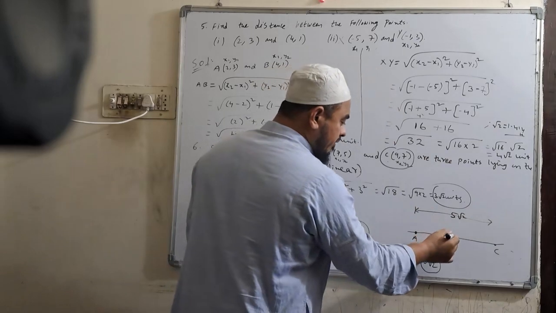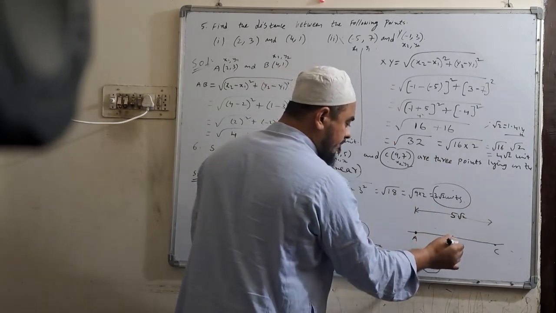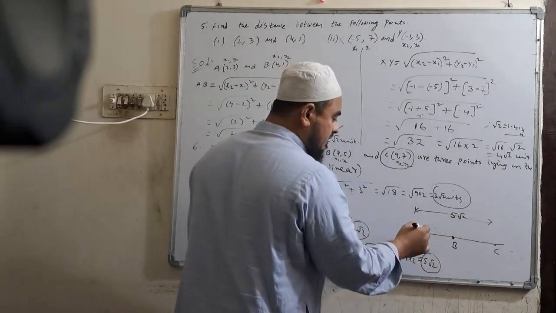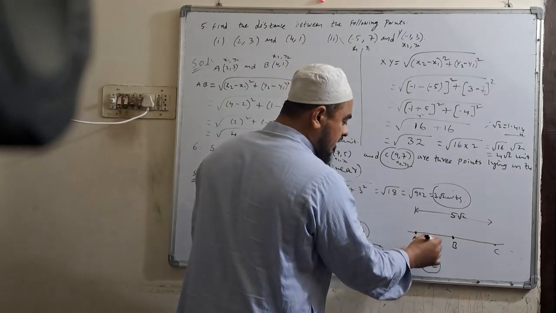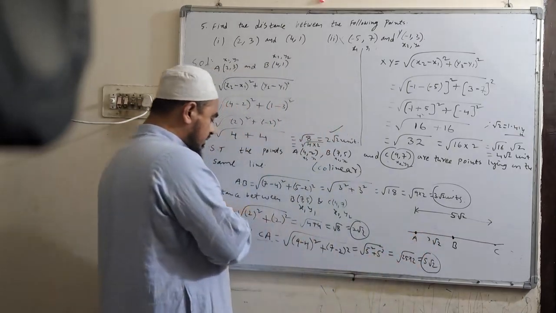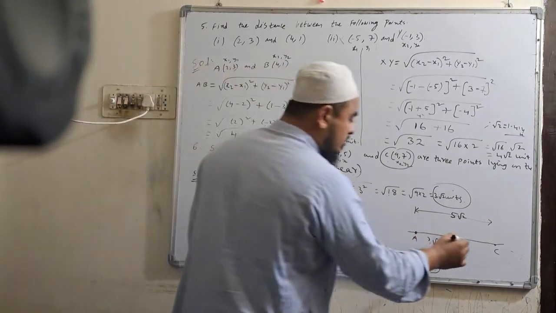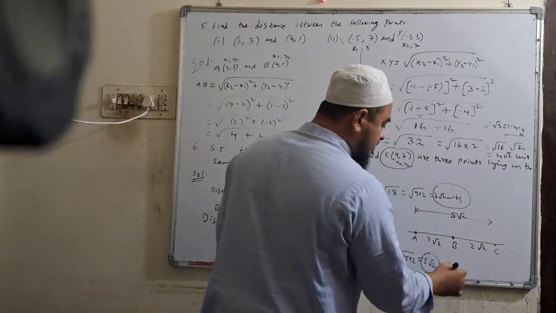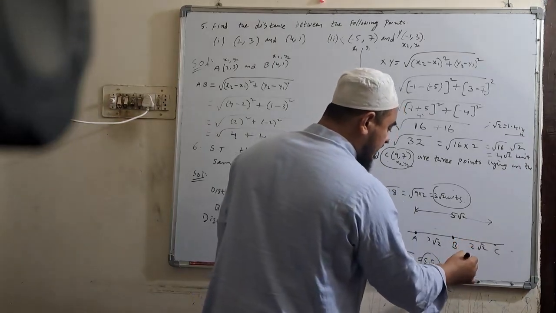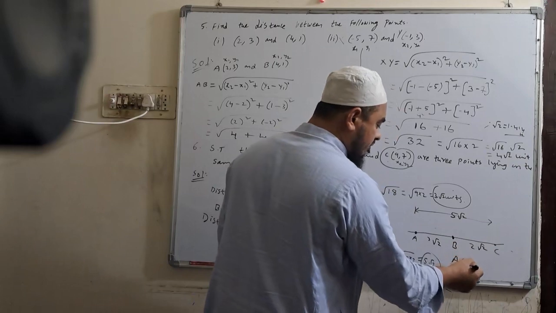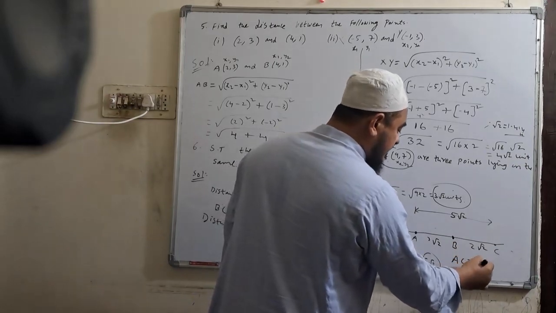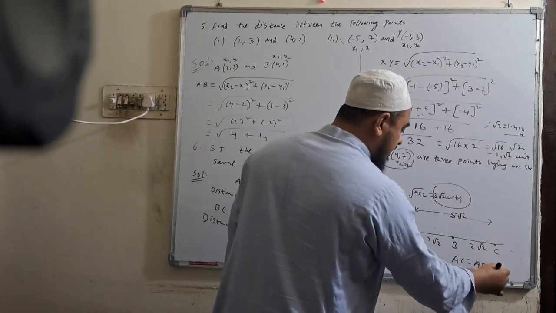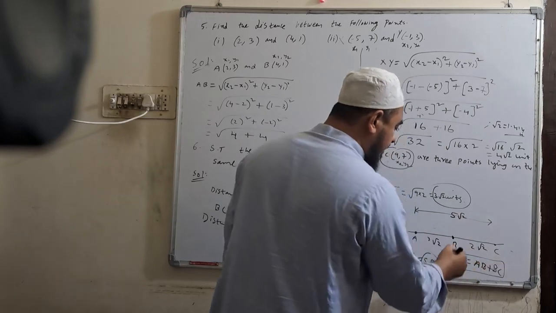That means in between, if you take B, what is the distance between A and B? 3 root 2. What is the distance between B and C? 2 root 2. So from this you can observe that AC is equal to AB plus BC.